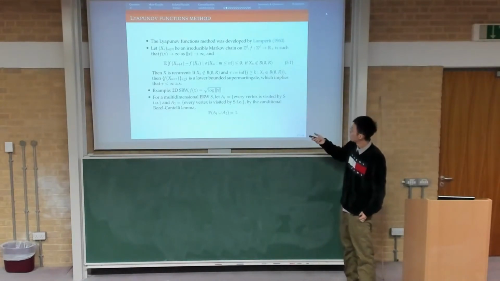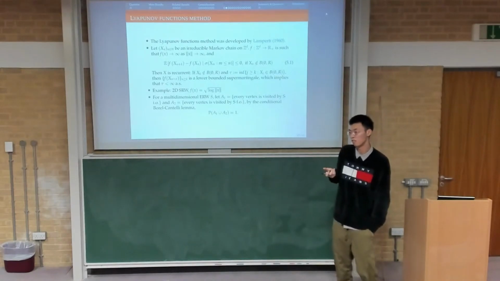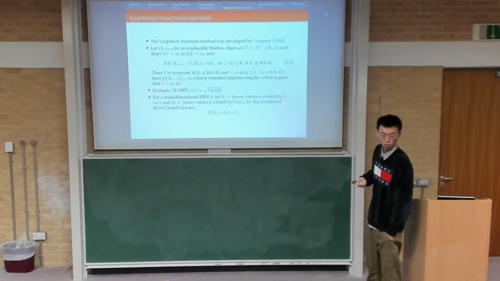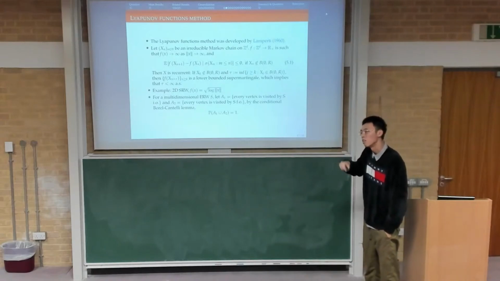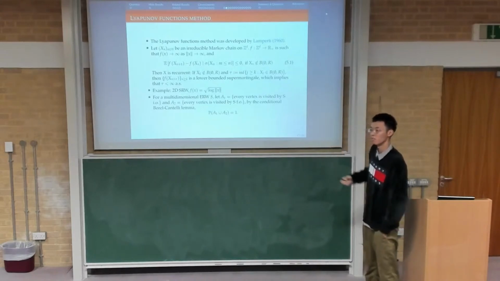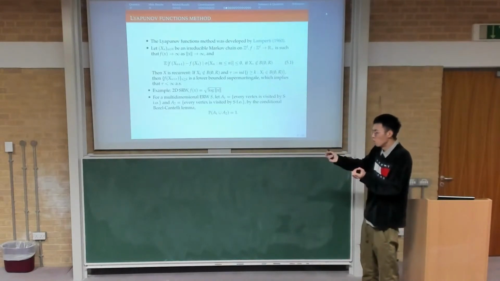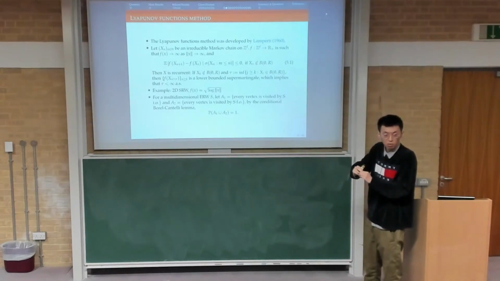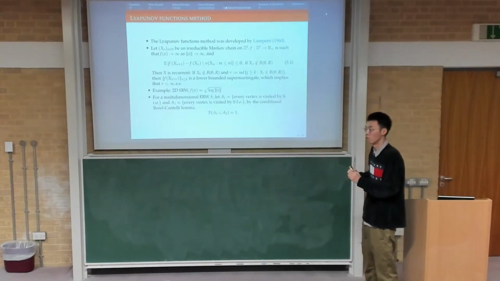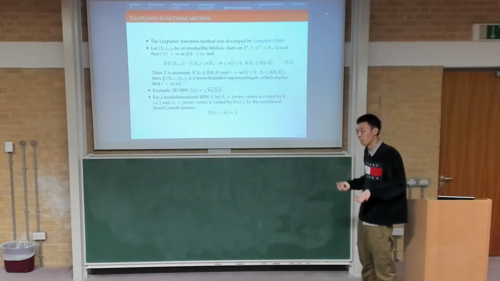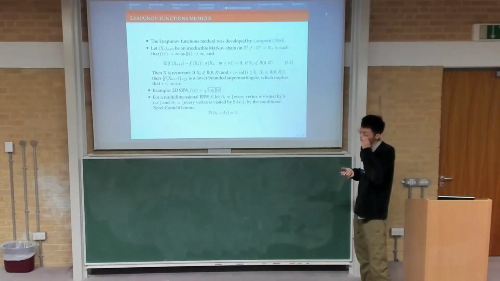Then by martingale convergence theory, one can show that f of x_n converges almost surely. But if x_n never goes back to the fixed ball, f of x_n will diverge. So this shows that if you start from any point outside this ball, you will eventually come back to the ball of fixed radius. Actually, you will return to the fixed ball infinitely many times. So this proves recurrence for the Markov chain.